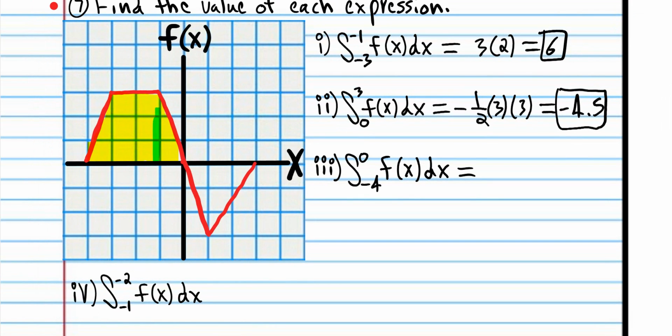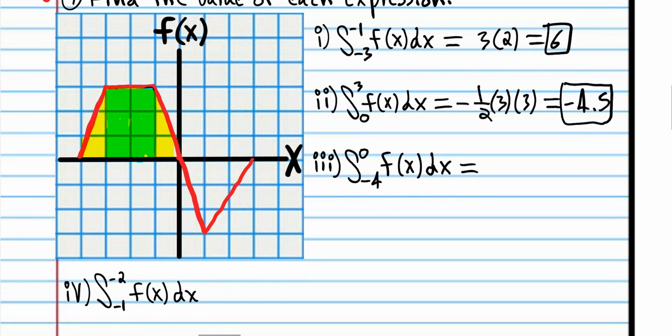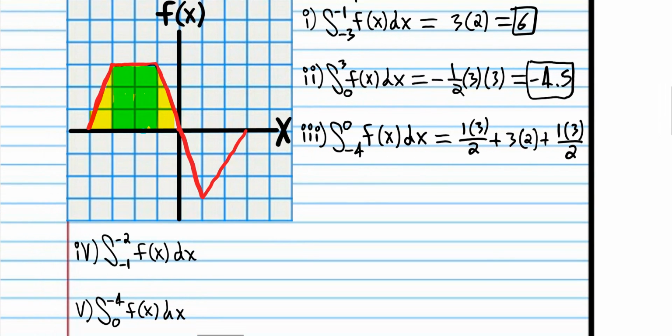We already found the area of this green rectangle, but we need to add the areas of the yellow triangles. The area of the first triangle is base times height divided by 2, the area of the rectangle is length times width, and the area of the other triangle is the same thing, base times height divided by 2, 1 times 3 divided by 2.